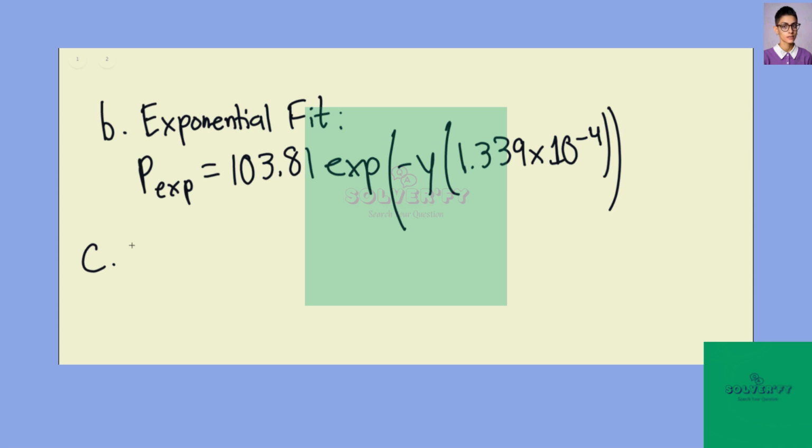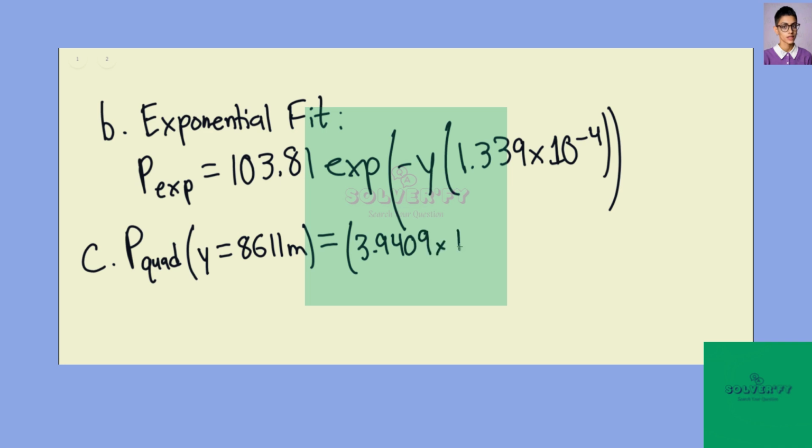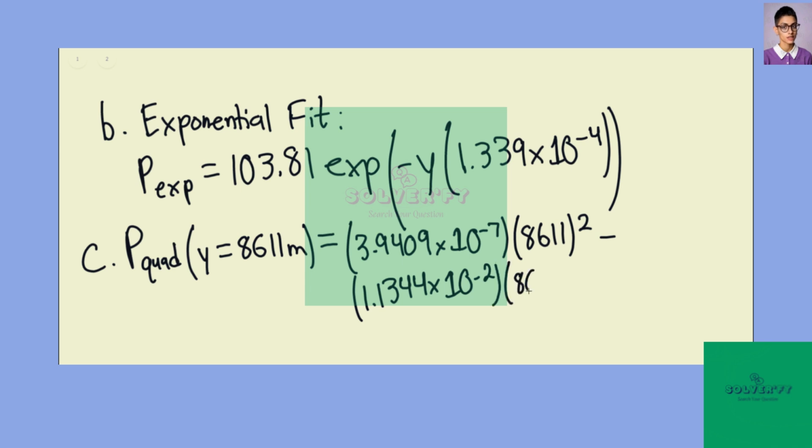So for part C, we should say that the pressure using the quadratic fit at y equals 8,611 meters would simply be equal to 3.9409 times 10 to the negative seventh, and then times 8,611 squared, and then minus 1.1344 times 10 to the negative second times 8,611, and then plus 100.91.